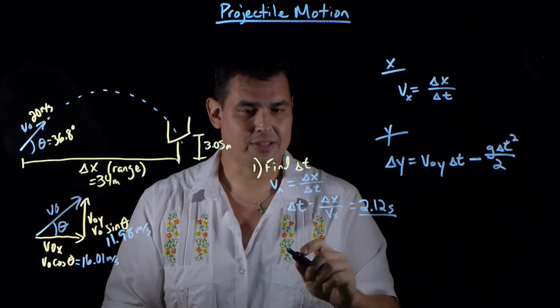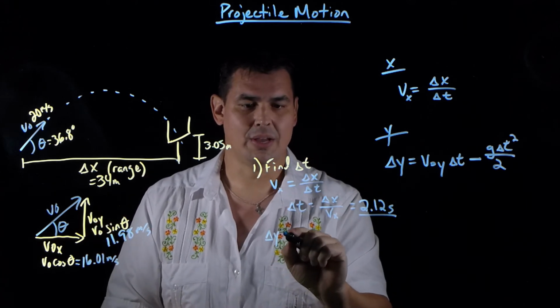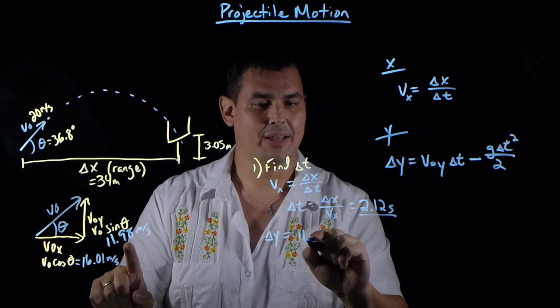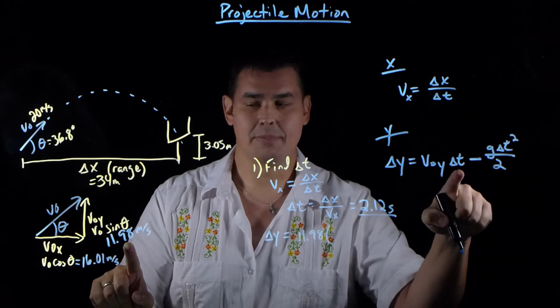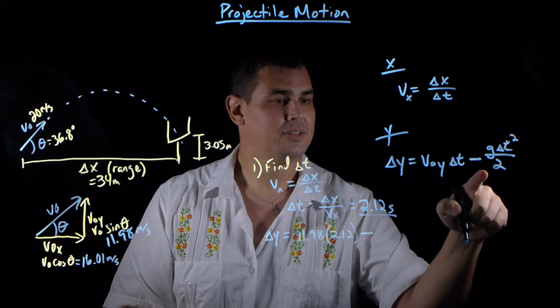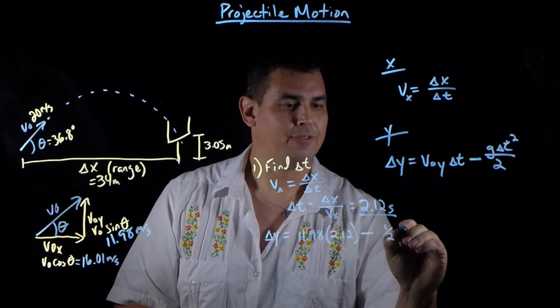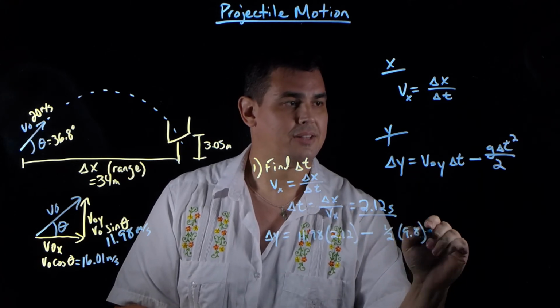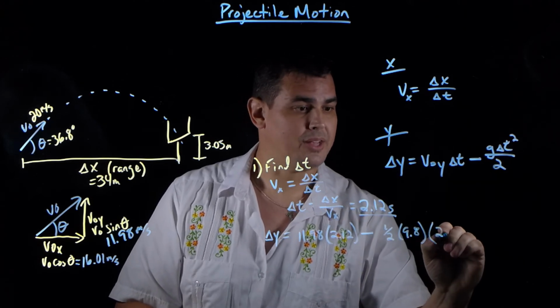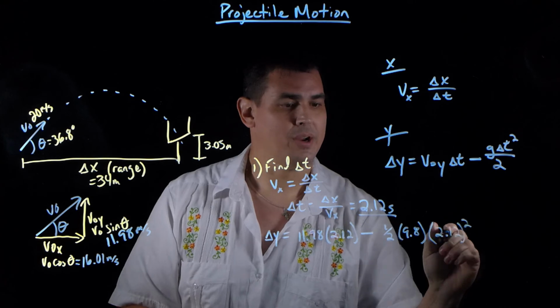So delta y equals initial y velocity, 11.98, times the time, 2.12, minus 1/2 times 9.8, g t squared over 2, so times 2.12 squared.